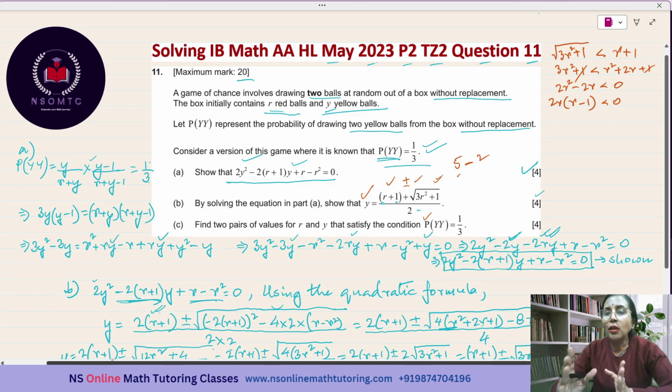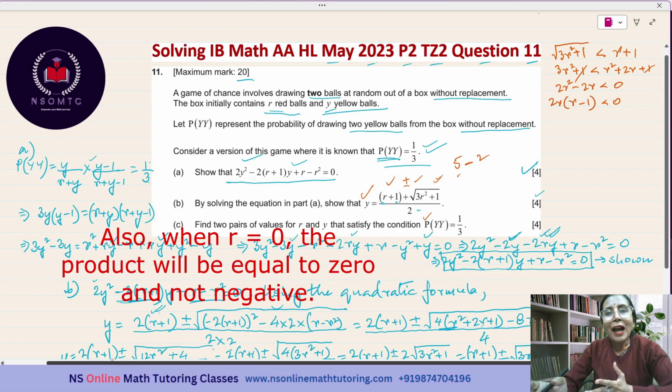So, in order to have a negative product, either r should be less than 0 and r minus 1 should be more than 0, which is absurd. Then r minus 1 should be a negative number and r should be positive. That can happen. R can be positive and r minus 1 can be negative. When can that happen? Only when r is equal to 0.